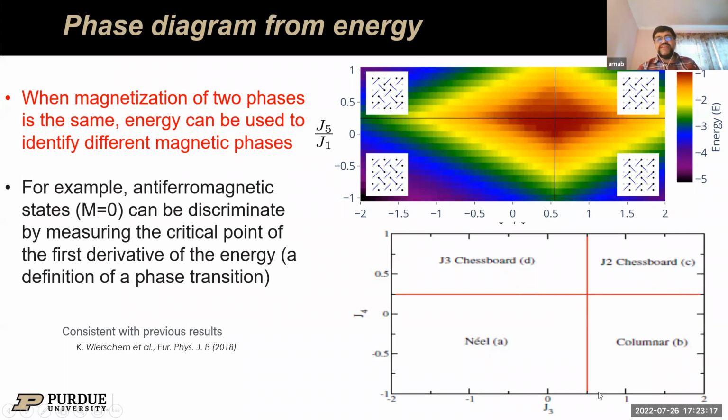What we found is that when the magnetization is all degenerate, then you can look at the energies, and from the law of finite size scaling, from the law of first order phase transitions, a discontinuity in the slope of the free energy, basically the first derivative of that, gives you where the phase transition would be. We can use that technique to figure out where our phase boundaries would be. And that also matches another recent paper in the Europhysics Journal published in 2018. So that was very heartening.